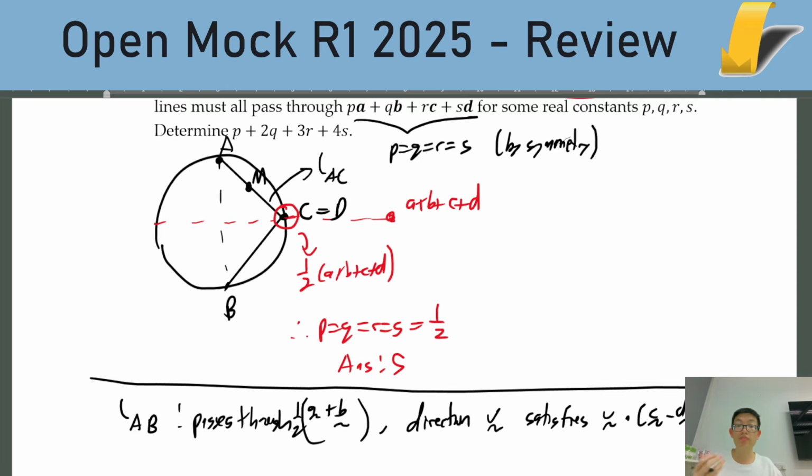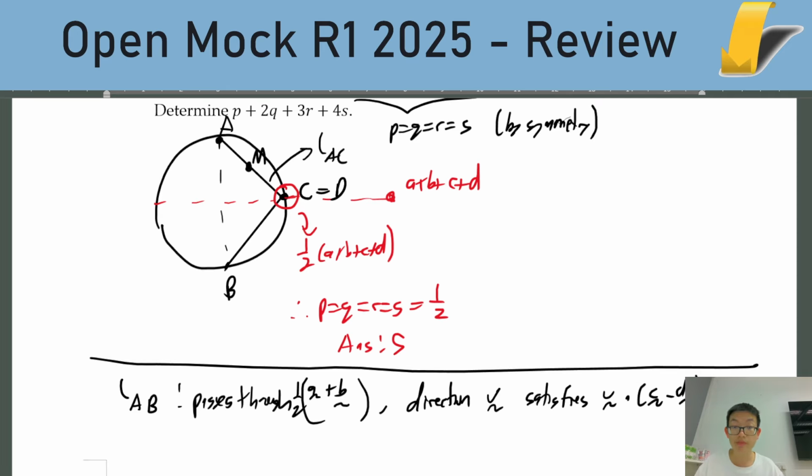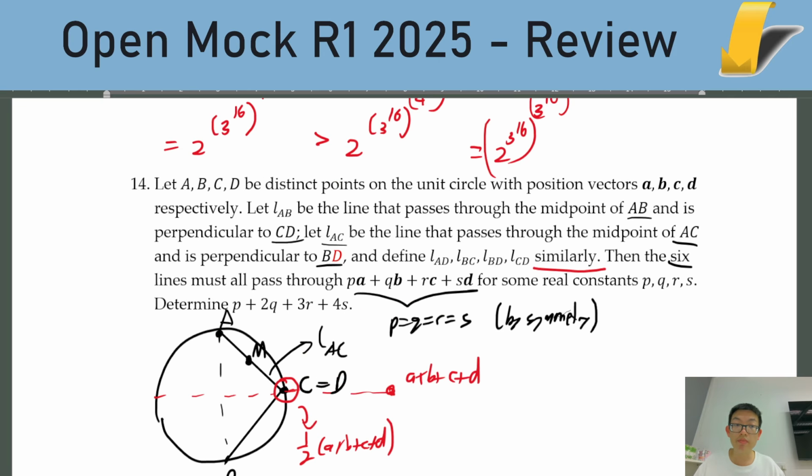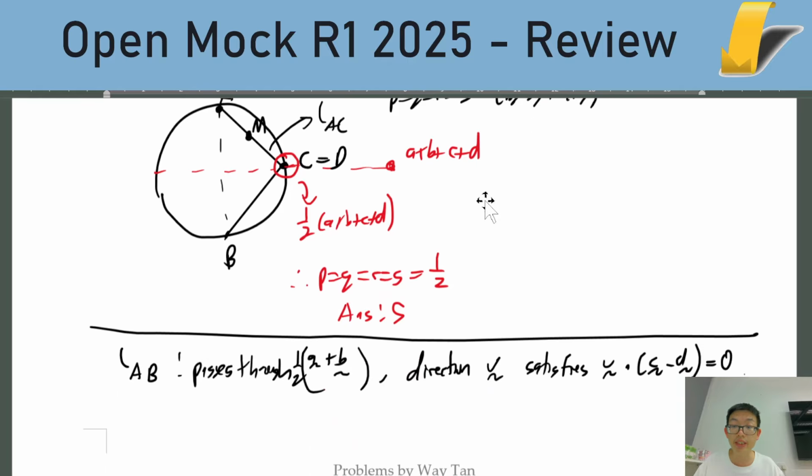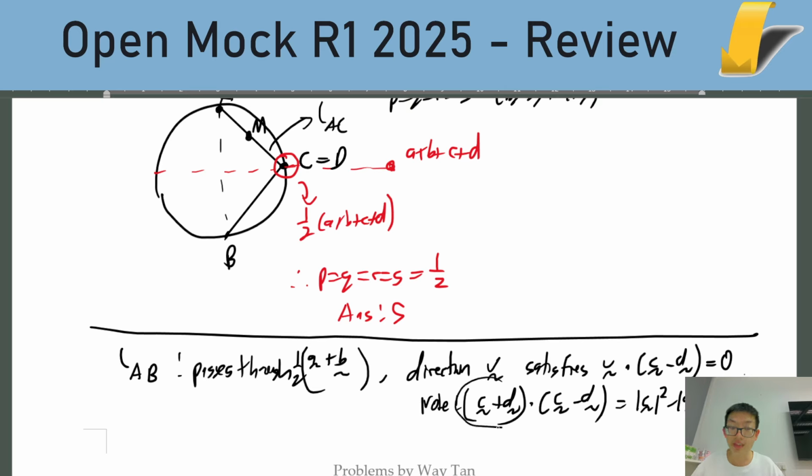This is what the perpendicular means. Now, we can note that to use the unit circle condition, I usually want to get the magnitude. And if we note that C plus D dot C minus D will be equal to 0, that means that V is in the direction C plus D.